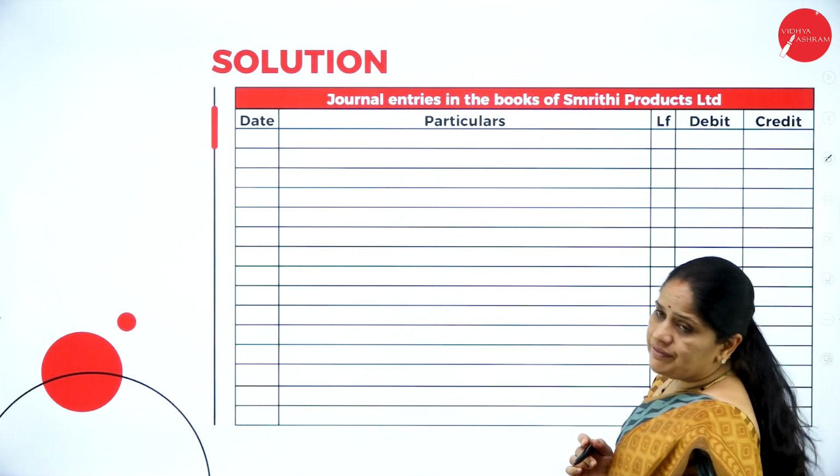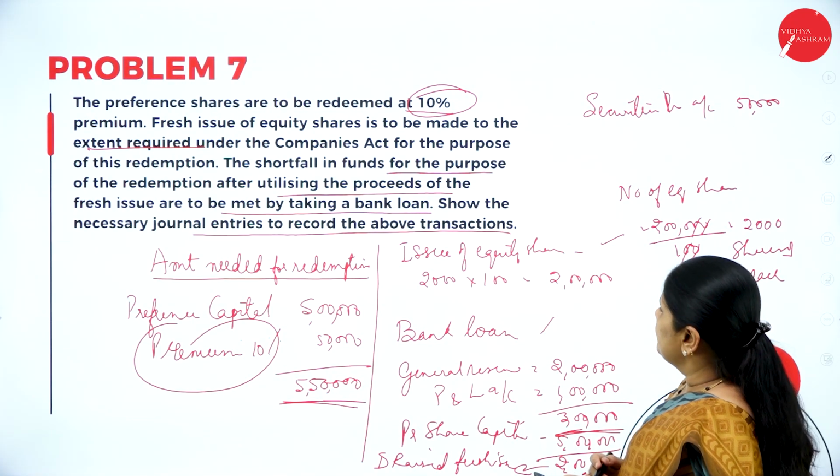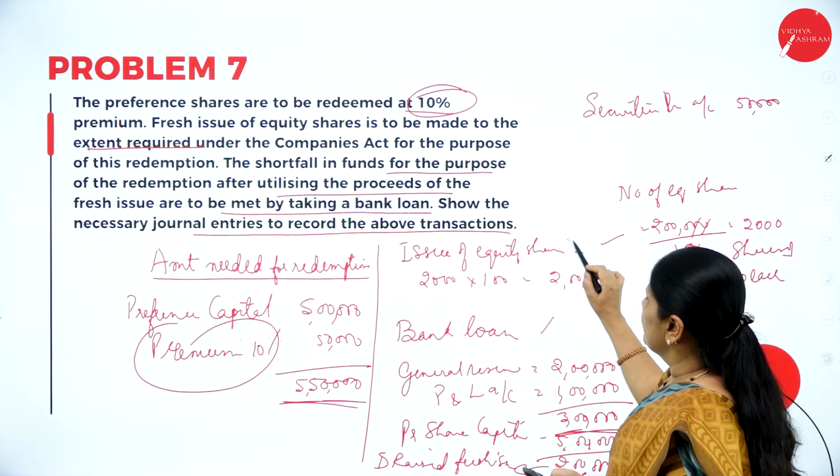Now, we will write the first journal entry. What will be the first journal entry for issue of equity shares?